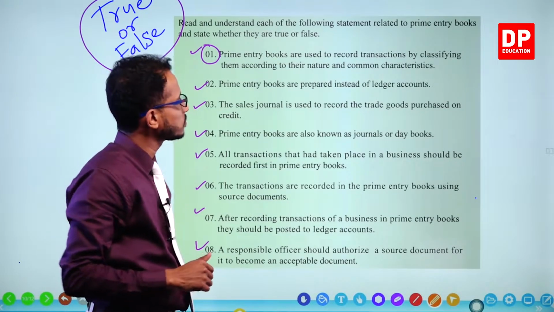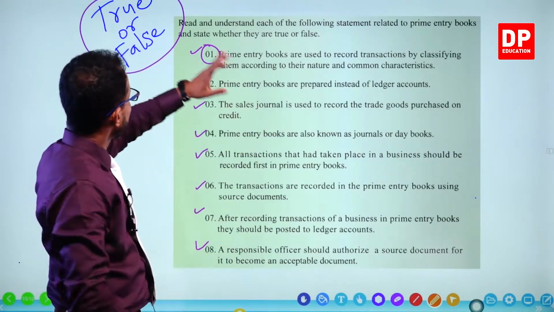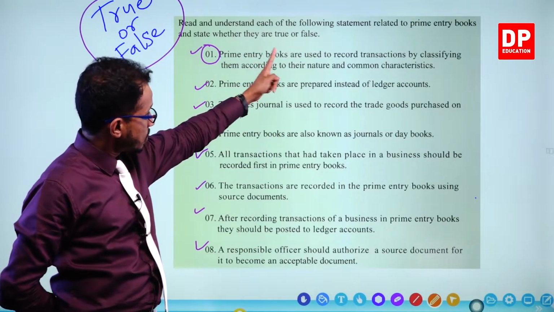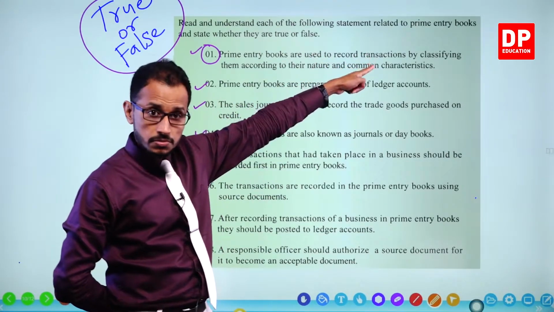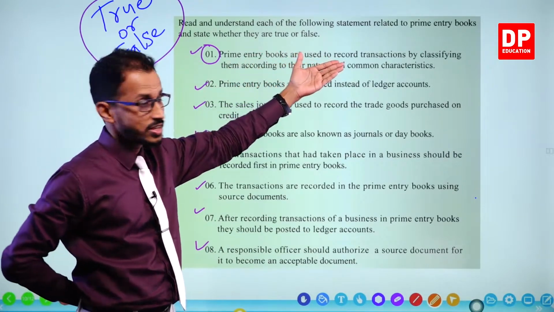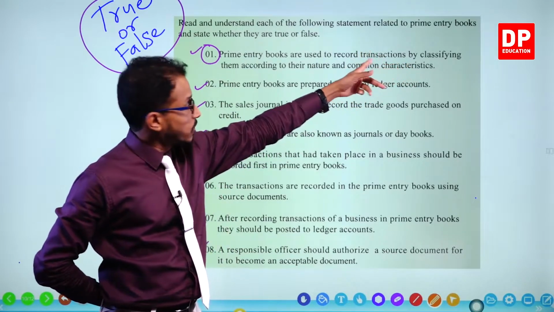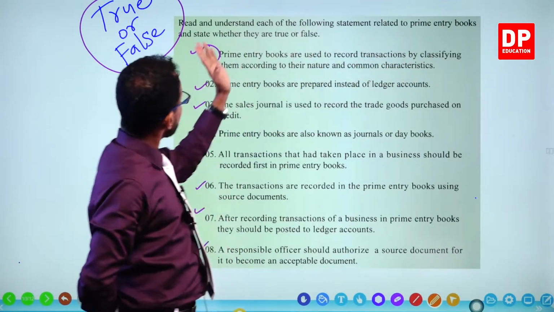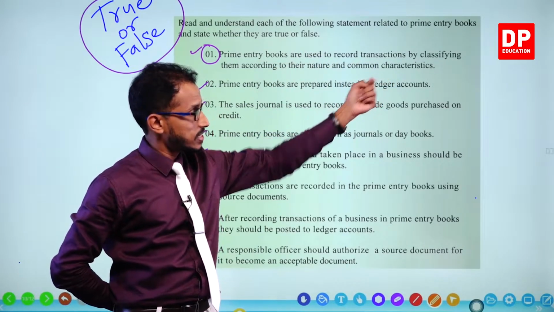True? Did you say true? Let's go through it again. Prime entry books are used to record transactions. Yeah, we know that prime entry books are used to record transactions. That is true up to now. By classifying them according to their nature and common characteristics.